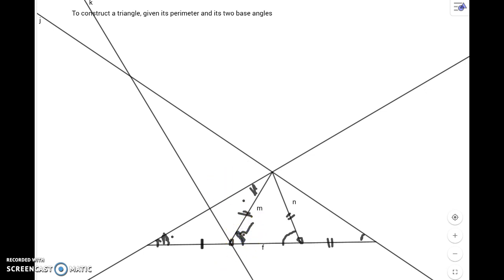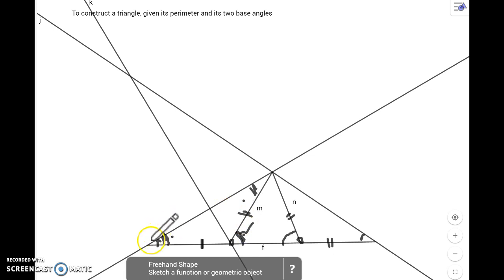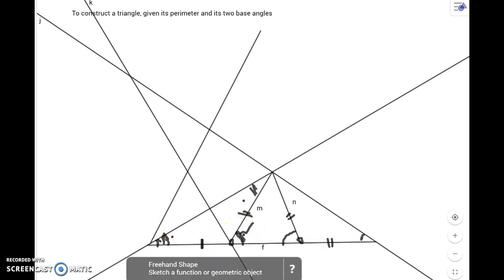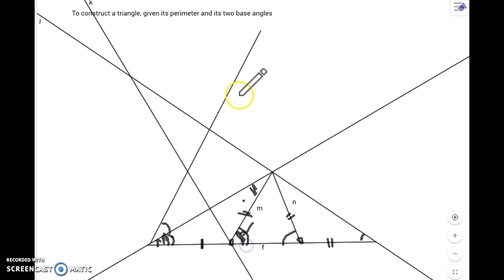So if you can construct a line from here such that this plus this is equal to this, so this angle plus this angle is equal to this angle, then we are actually constructing two parallel lines. Which means this is an angular bisector. So this angle is given because we know this, therefore we can construct this angle, and then we can find the angular bisector of this angle, and then we can do the perpendicular bisector, and where it meets we keep that point.